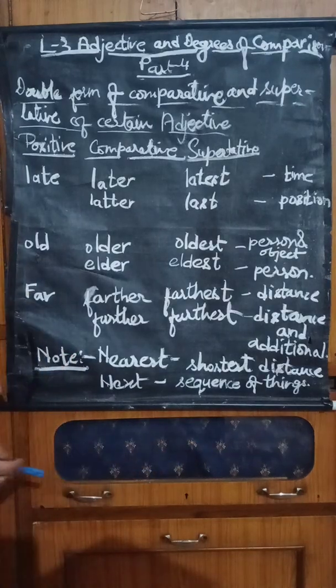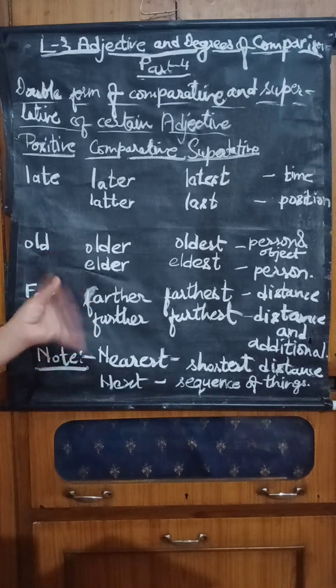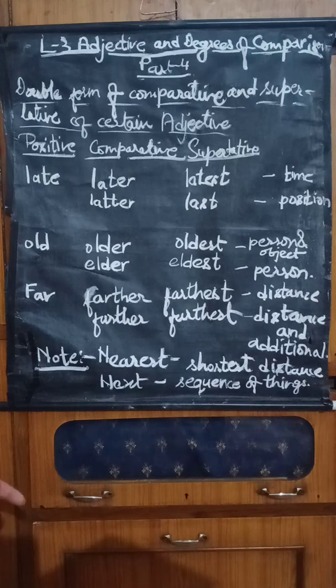Let's see with the example. Kolkata is farther, or further, both can be correct here, from Mumbai than Delhi. But if we use the word further, then: without any further delay, the guide helped us reach our purpose.